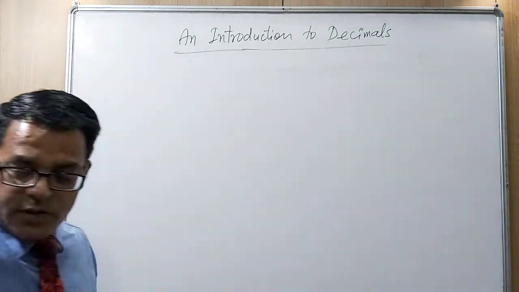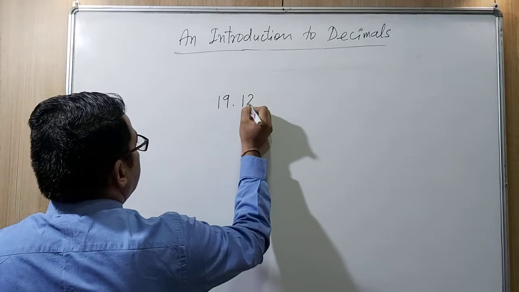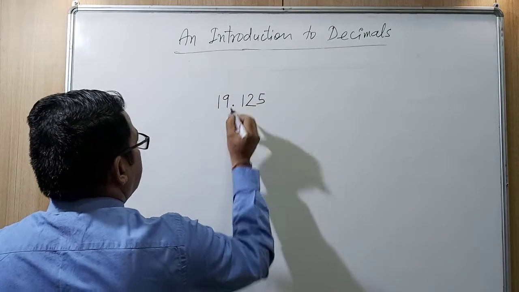Now, suppose I am writing a number here, 19.125.